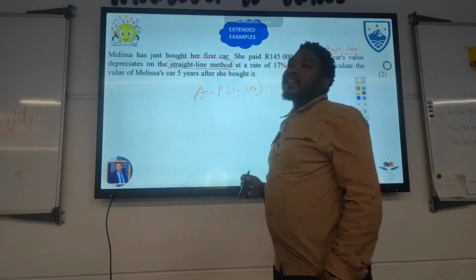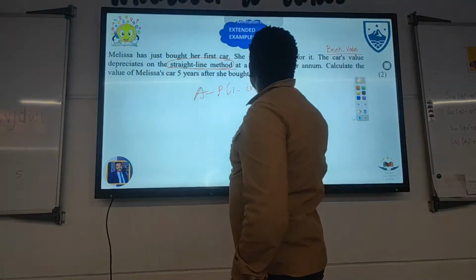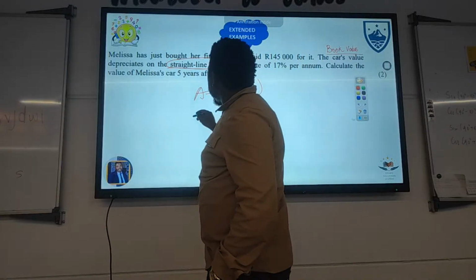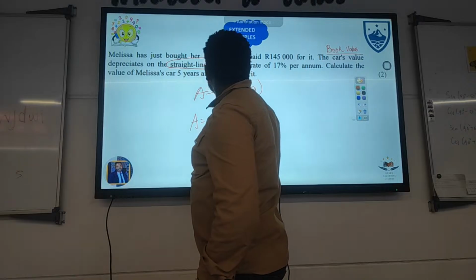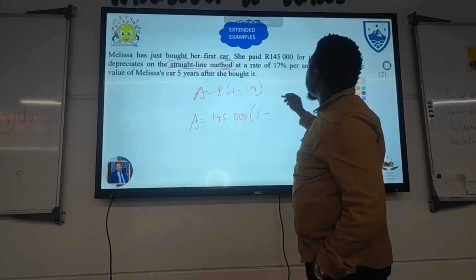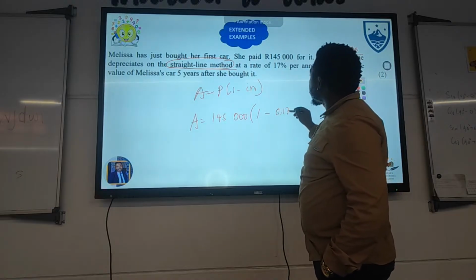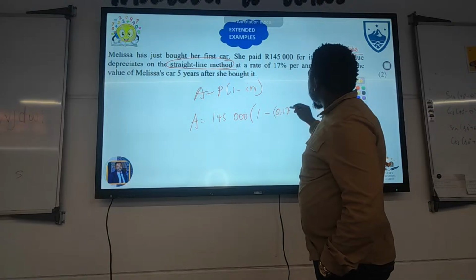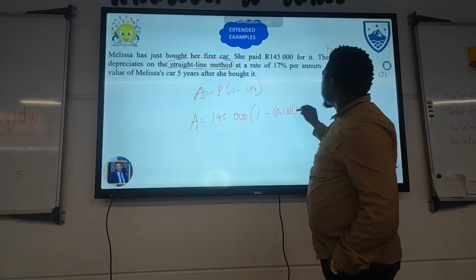Because it's on a straight line method. So the initial amount was 145,000. Open bracket 1 minus the interest rate, which was 0.07, and then multiplied by the number of years, which is just 5 years.